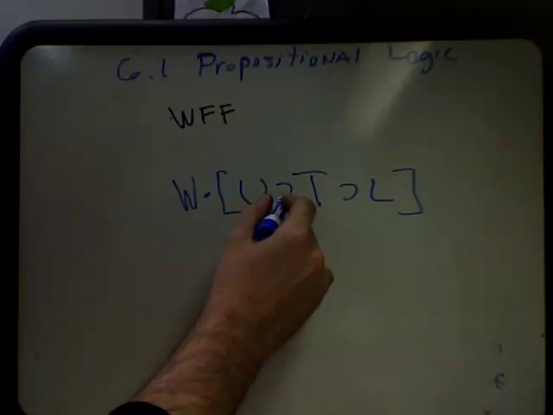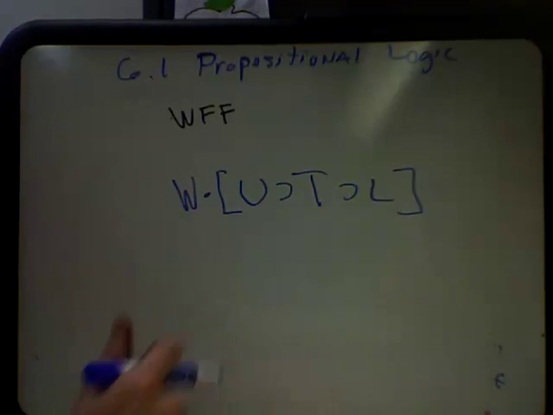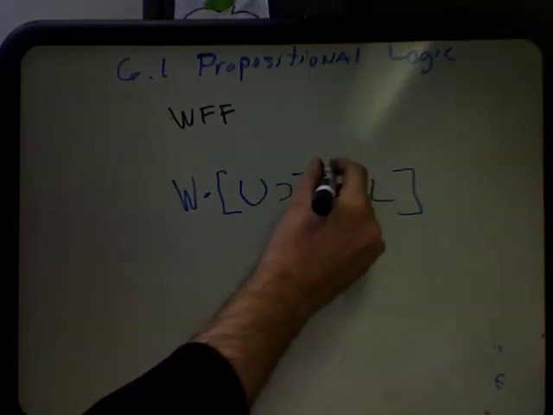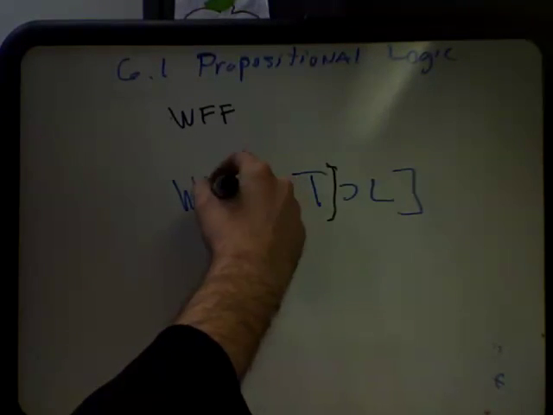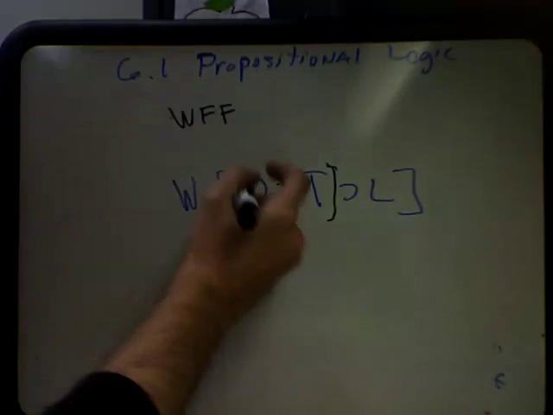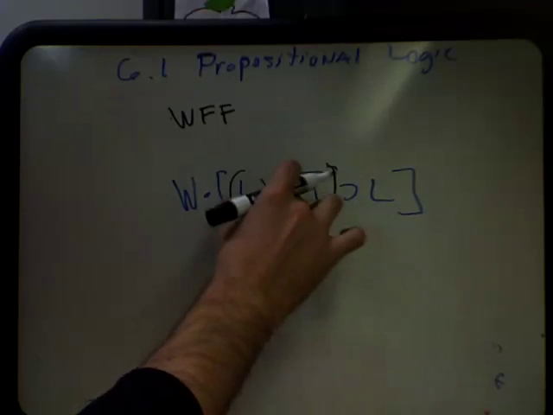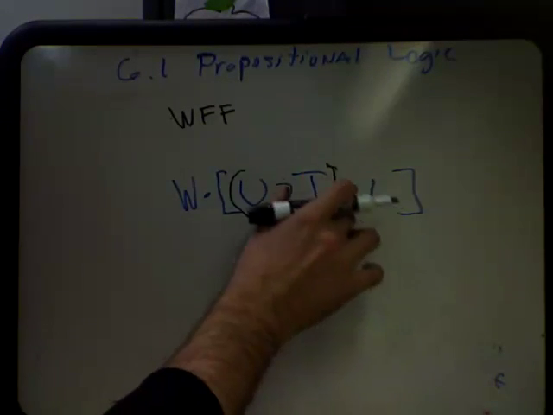Because here you're saying if you have U, then you have T, then you have L. That doesn't work, right? You need to separate it off. And so what you can do to fix it is add parentheses here, a parentheses within a bracket. And then it would be well-formulated. Because here you're saying if you have U, then you have T, and if that's true, then you have L, right? And then you have W.